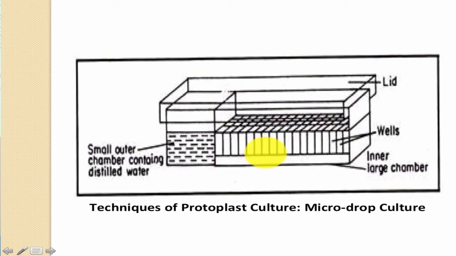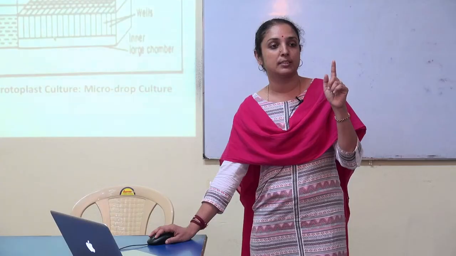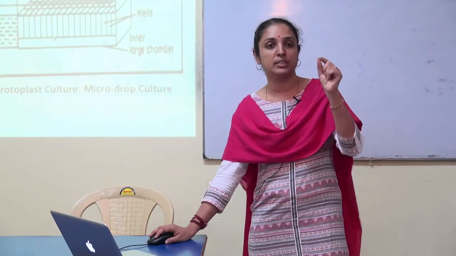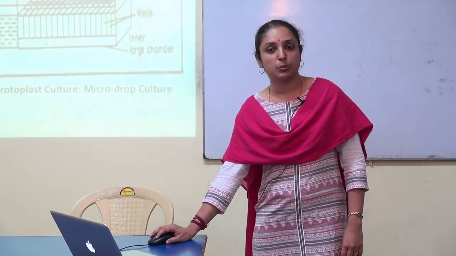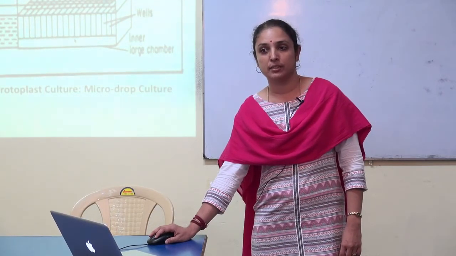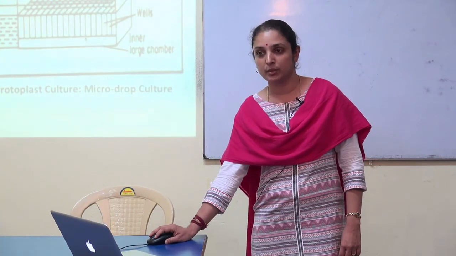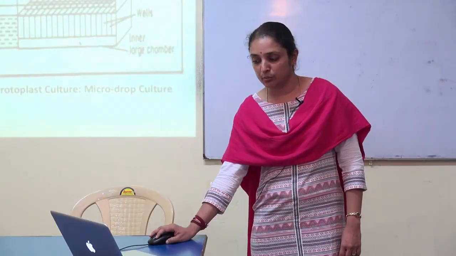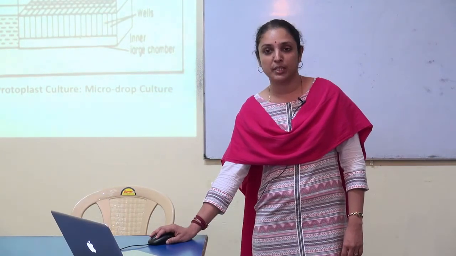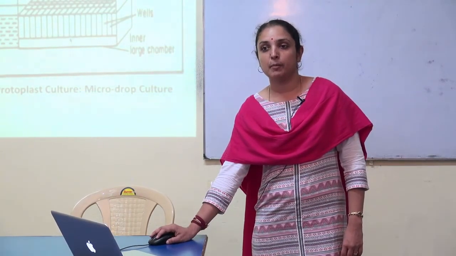Each of these wells will contain only a single protoplast, so there is no competition between protoplasts. It has been completely isolated. One chamber is given for a single protoplast, it absorbs nutrients, and then they propagate.